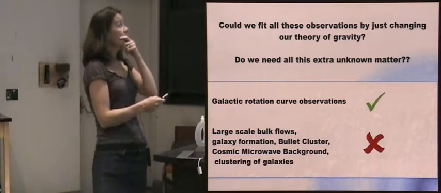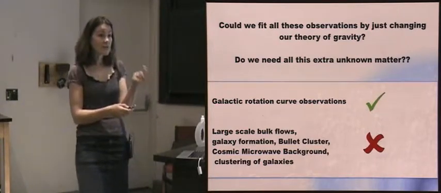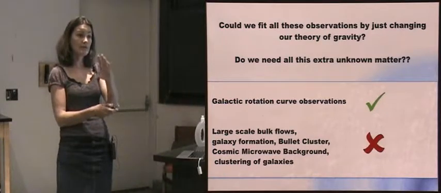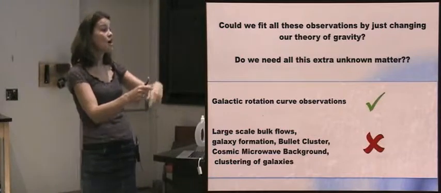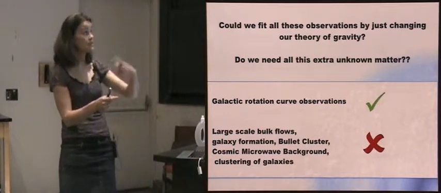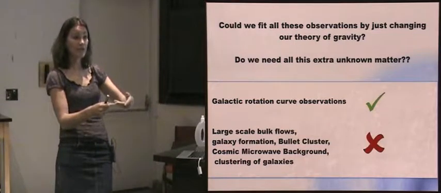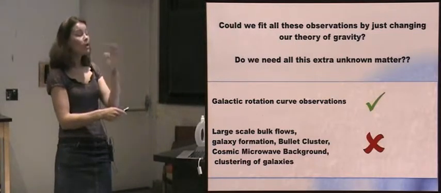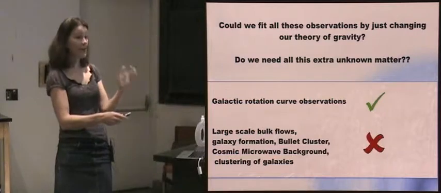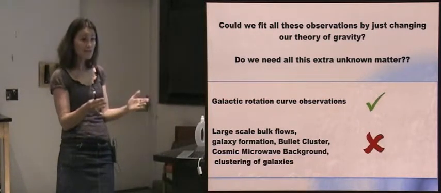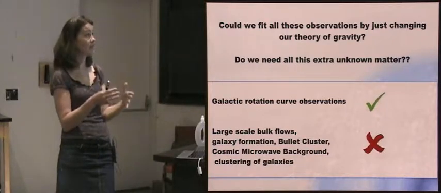So the interesting thing is you can fit galactic rotation curve observations by modifying gravity slightly. Okay, so these small-scale observations of how stars are rotating around galaxies, you can fit those observations by modifying gravity. But all the other observations, you cannot do that consistently. There are theorists out there who are still trying to do this consistently, but it's really, really, really hard.